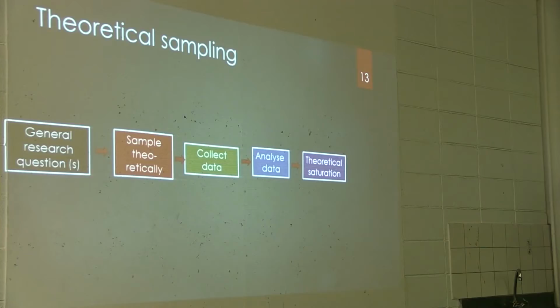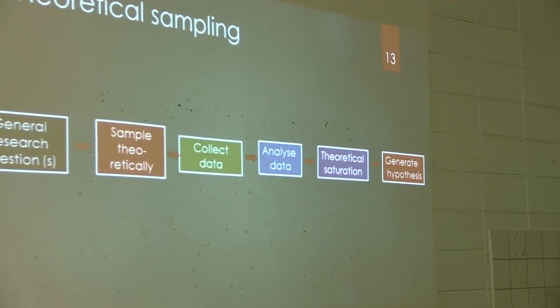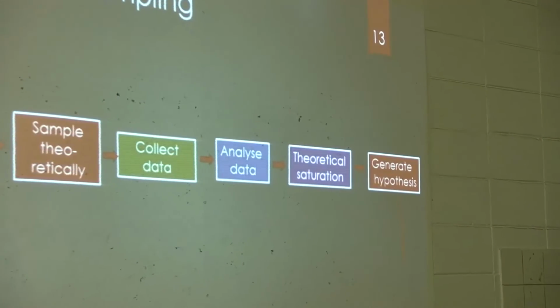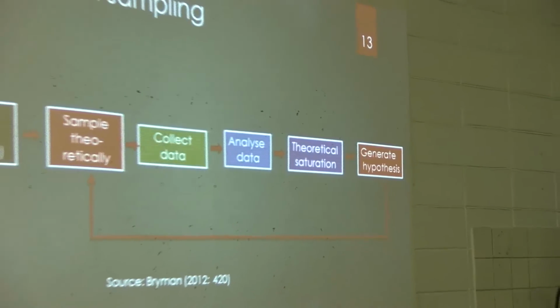That you have done your stuff, you have read your theoretical perspective, you have done every theory that you can to understand the phenomenon that you're studying, and you're convinced that there is what they call theoretical saturation. Okay? Generate hypotheses. Okay? There you are. I think we have our diagram complete.